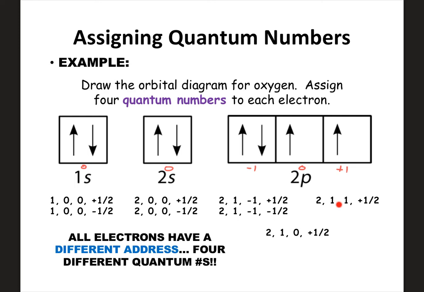And this last one is in the last orbital with an ML value of 1, but it's going up, so it's +1/2. So if you notice, the 4 quantum numbers for every electron are different. They do not match any other electron, and that's what we should be seeing here. So you could do this for any orbital diagram, any element. You just have to pay attention to the 4 different quantum numbers.